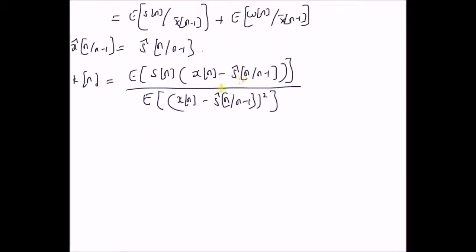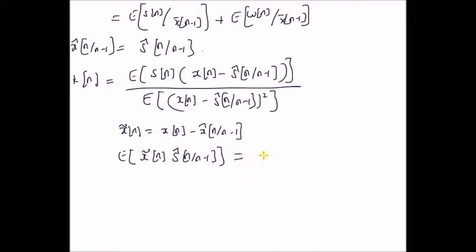Now we have to manipulate the numerator. So we have to use the following relation, that is, x tilde of n is equal to the difference between x of n and x hat of n given n minus 1. And then the expectation of x tilde of n multiplied by s hat of n given n minus 1 is equal to 0, because x tilde of n is independent of all the previous observations and s hat of n given n minus 1 is dependent on the previous observations, so their correlation is obviously equal to 0. So we can basically add this term to the numerator.